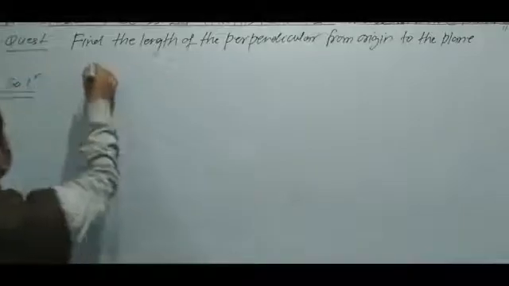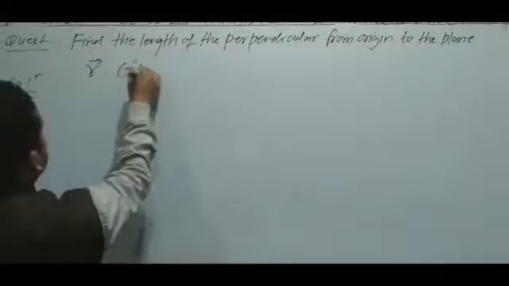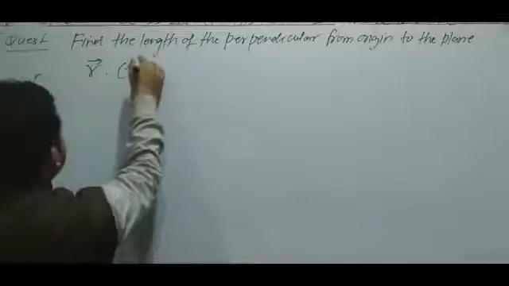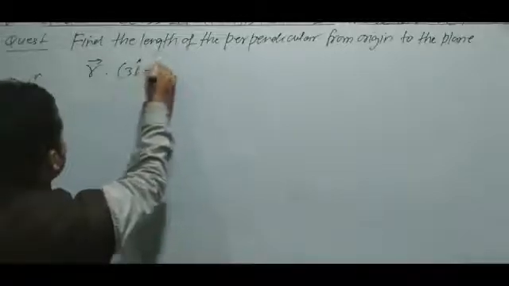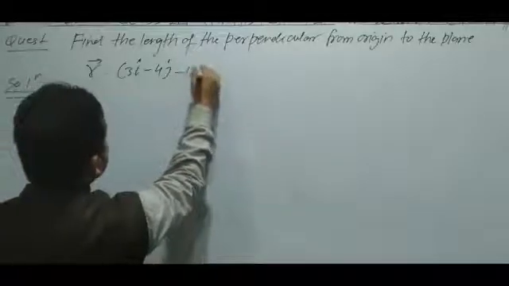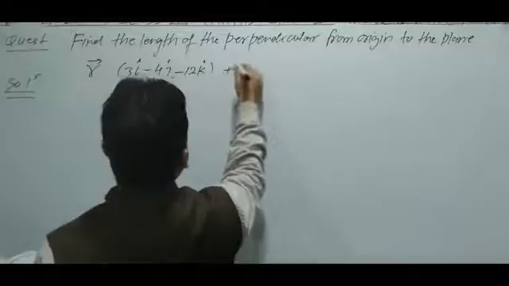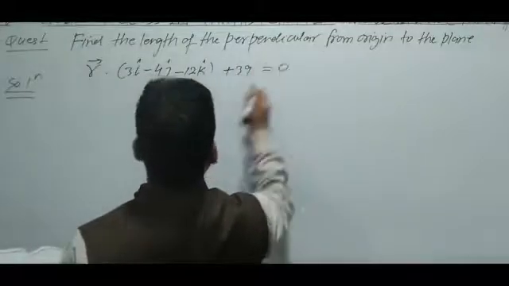given by vector r dot 3i minus 4j minus 12k plus 39 is equal to 0.